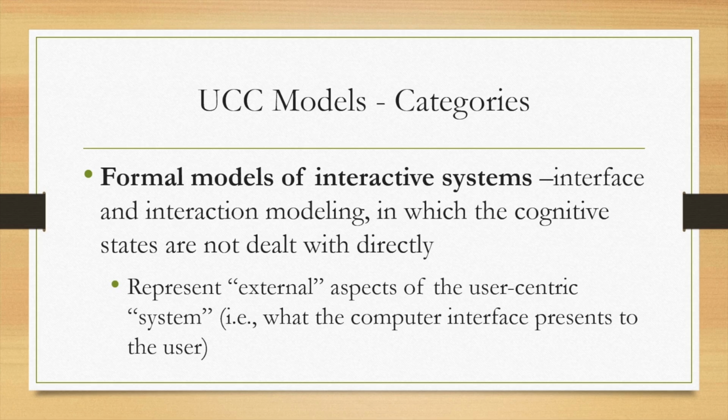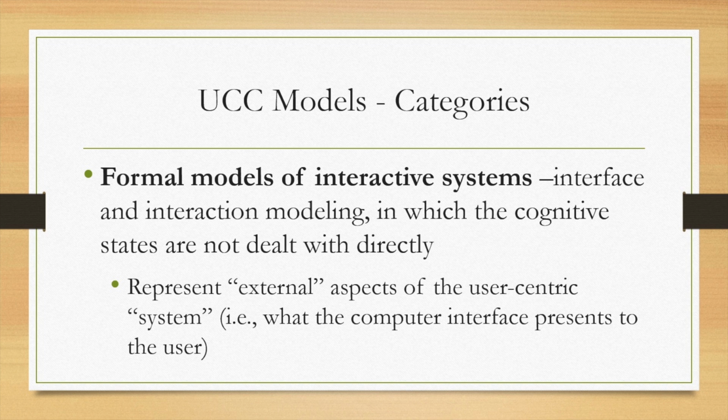Then we have formal models of interactive systems. This is essentially the modeling of interface and interaction. However, a point to be noted here is that the cognitive states are not dealt with directly. So, if we look at it from another angle, then we can say that these formal models represent external aspects of the user centric system, or what the computer interface presents to the user.